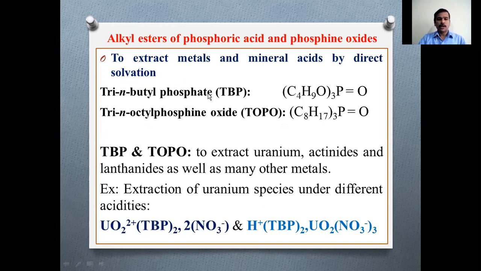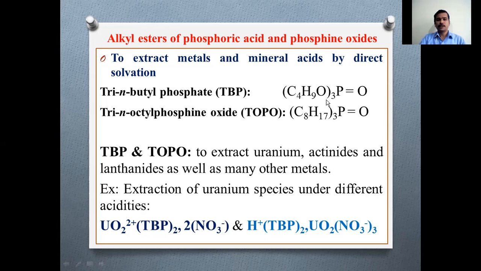Apart from these two, other reagents are also used. They are tri-N-butyl phosphate, (C4H9O)3 P=O, denoted by TBP, and tri-N-octyl phosphine oxide, TOPO, (C8H17)3 P=O. If you look at the structure of tri-N-butyl phosphate, it is in the form of P=O with three P-O-R groups.